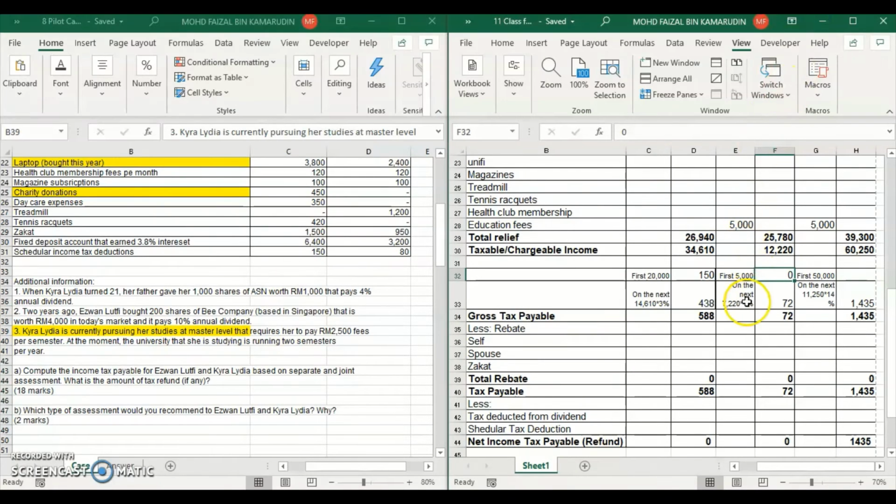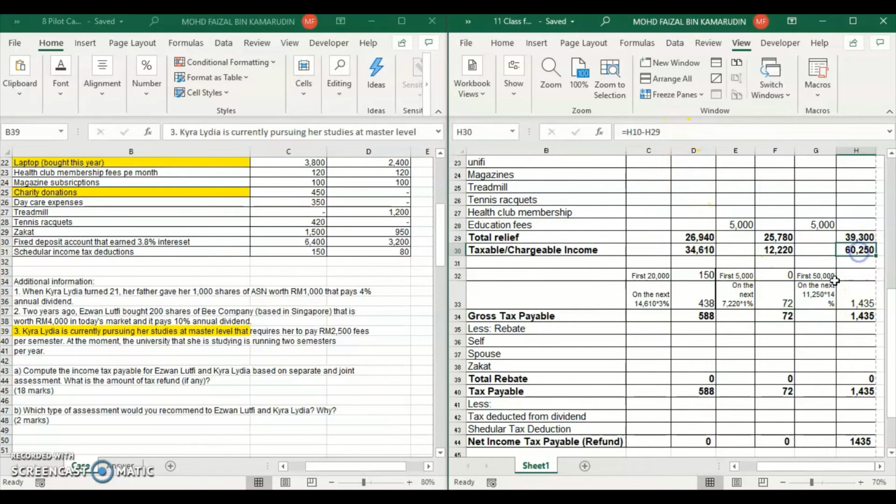So the remaining, after minus that 5,000, you will get 7220 times 1%, that is why I get 72 there.